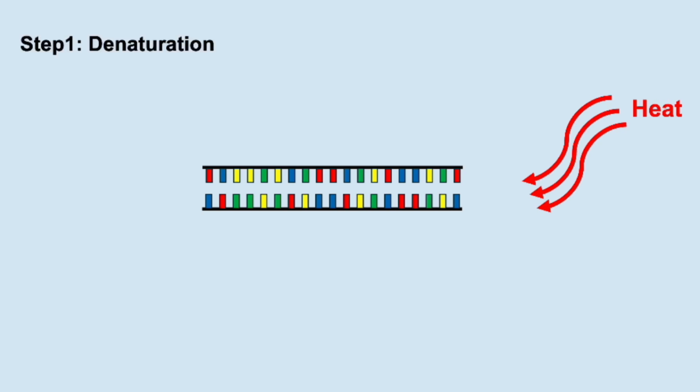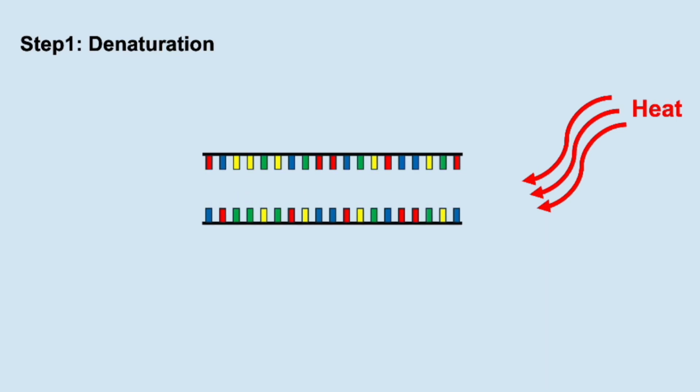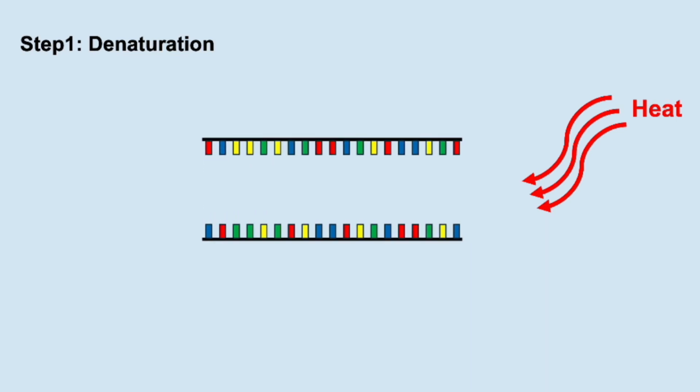The mechanism of PCR closely mimics this natural process but is carried out in vitro. The most significant difference is how the DNA strands are separated. In living organisms, this is done by enzymes, whereas PCR uses heat. At high temperatures, the double-stranded DNA separates into single strands in a process called denaturation.